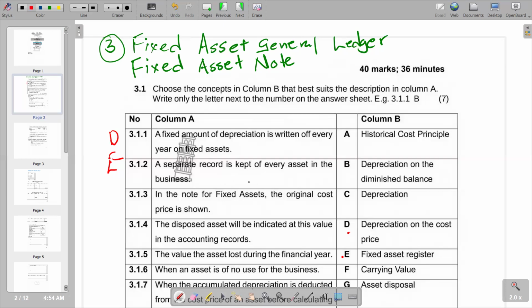So that's the historical cost principle, and it's the perfect fit for this explanation. For 3.1.4, the disposed asset will be indicated at this value in the accounting records. Go to F, which is carrying value. Obviously, it's our carrying value. So we have F.